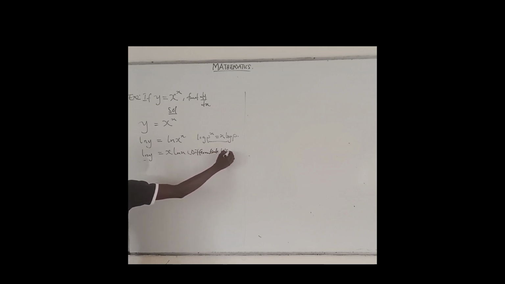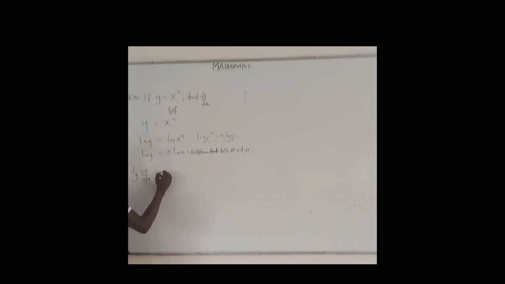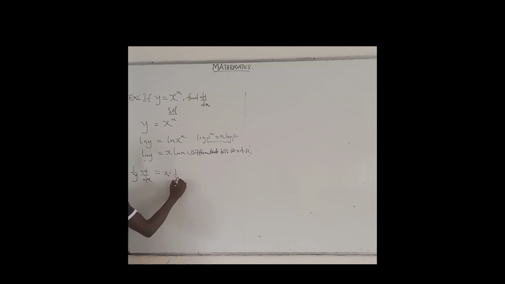So when you differentiate both sides with respect to s, you are going to have 1 over y times dy/ds is equal to, so this is product rule, s multiplied by 1 over s, plus ln s multiplied by 1.